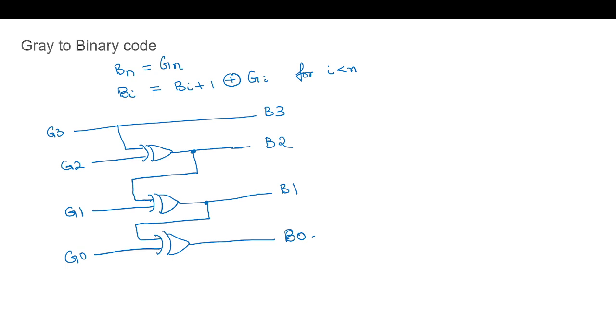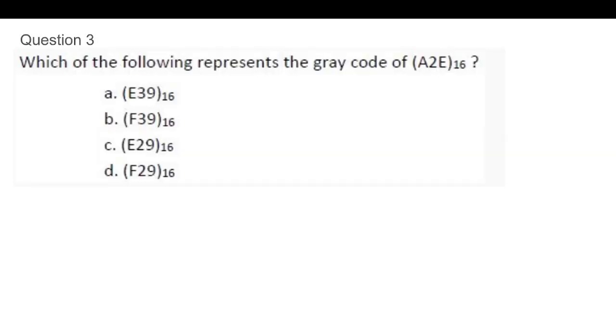So with this, we will go to the next question. Which of the following represents the gray code of AE in hexadecimal? So for this implementation, we have to convert binary to gray code. So let me write this in the binary value.